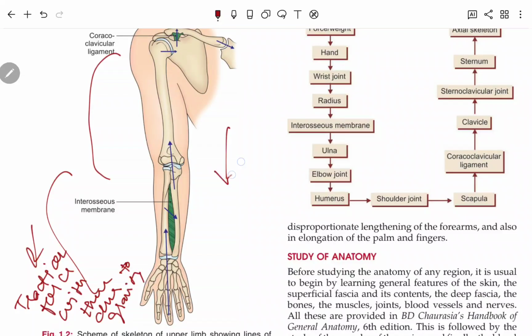A gravity pull will be there towards the downside, so the elongation of the limbs will take place. This is the thing you need to remember.